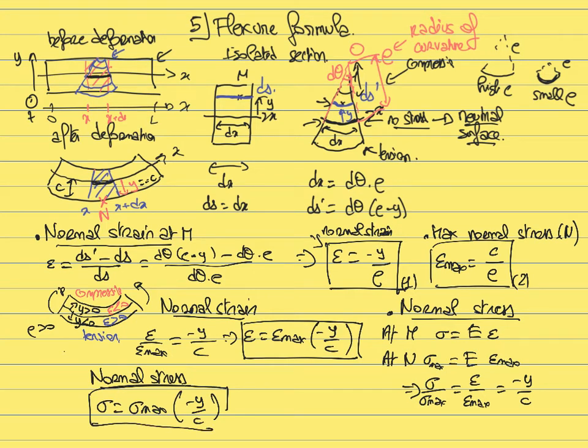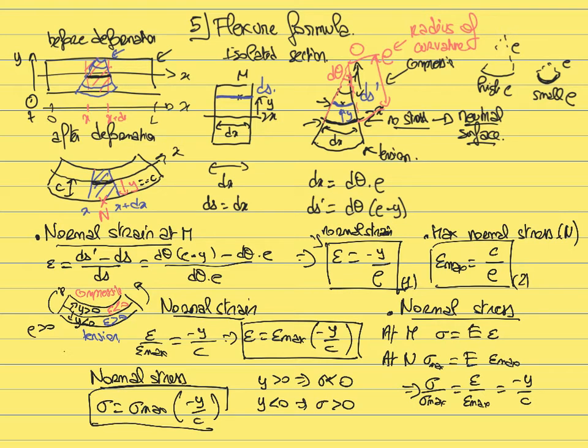So it means that the normal stress is going to be, when y is positive, that is to say when you are at the top position of the beam, then y is positive, that is to say sigma is going to be negative, that is to say you are under compression. On the other hand, when y is negative, if you are at the bottom half of the beam, then sigma is going to be positive, which means that you will be under tension.